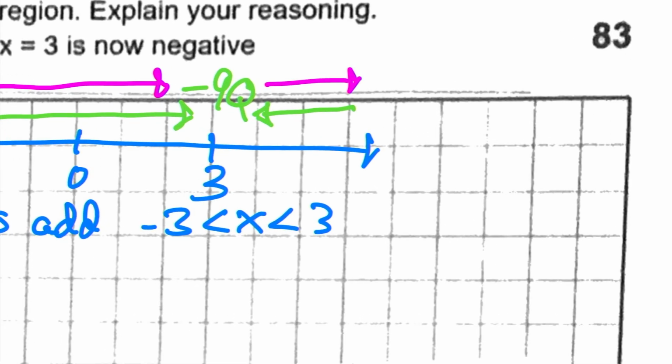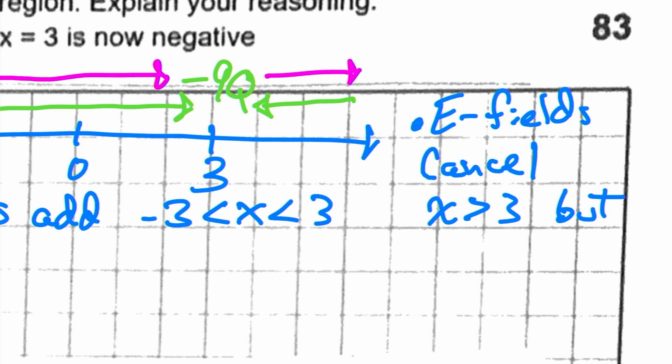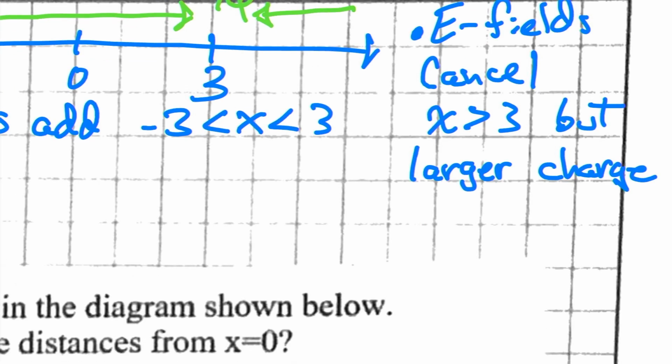I'm just going to say that the E fields cancel for x is greater than 3, but the larger charge is always closer.